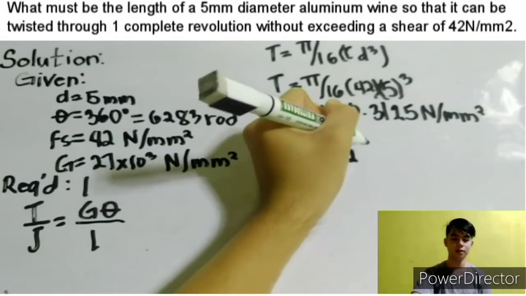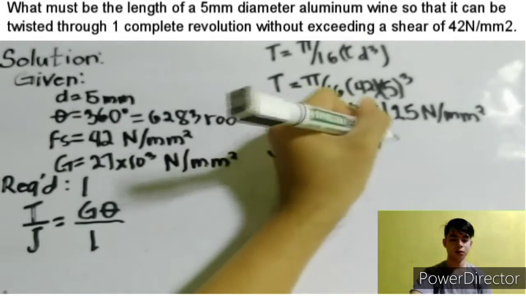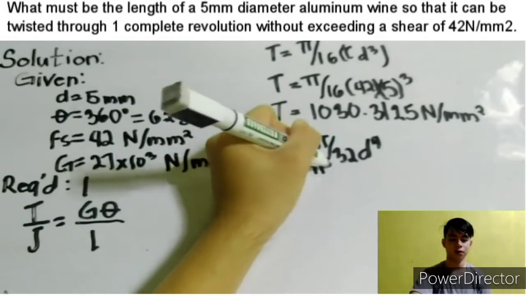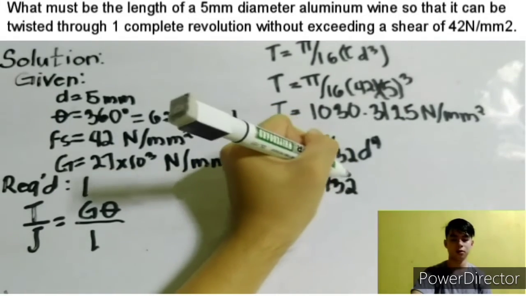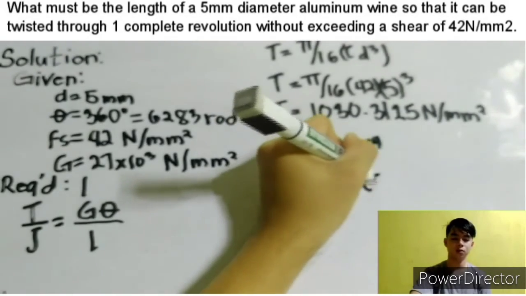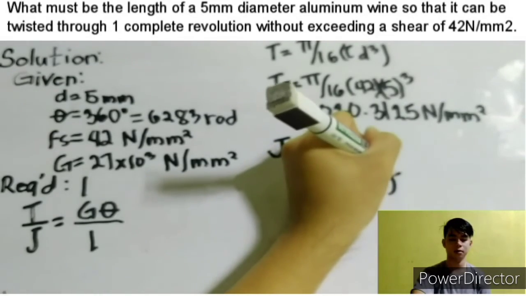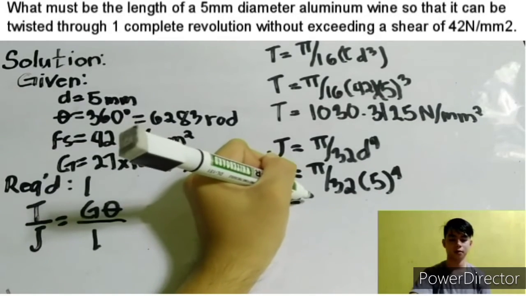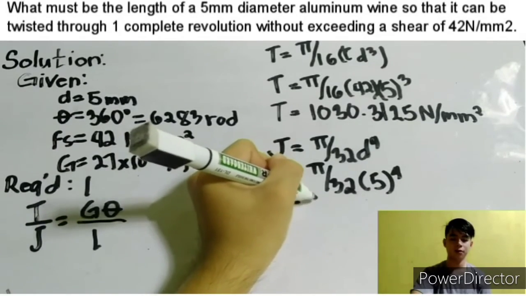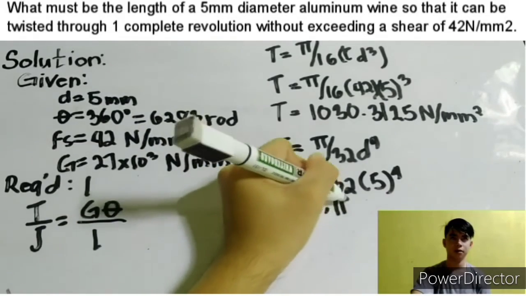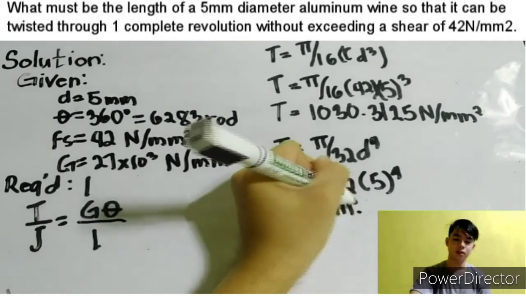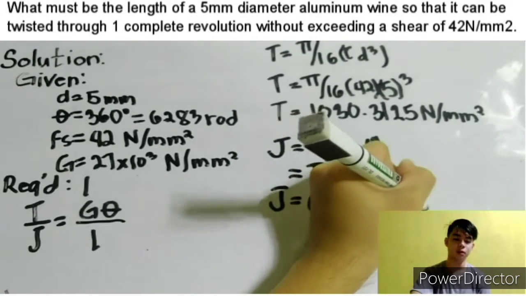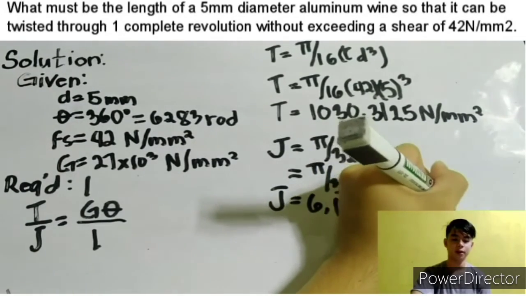Then let's solve J. J is equal to pi over 32 times d raised to 4. Substitute pi over 32 times 5 raised to 4. So our J is 6,111.328 millimeter to the fourth.